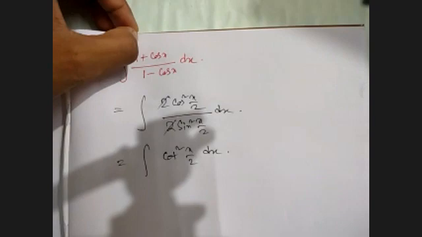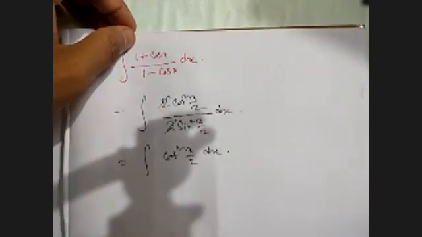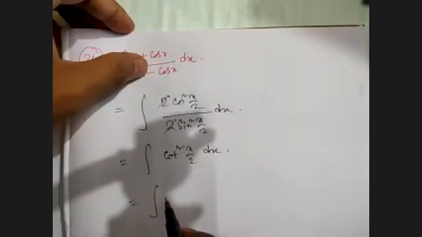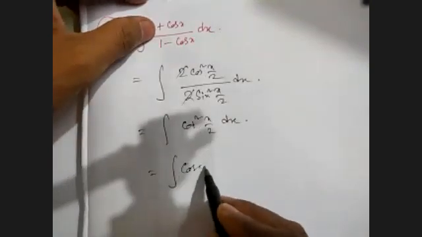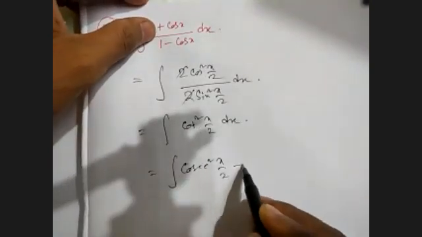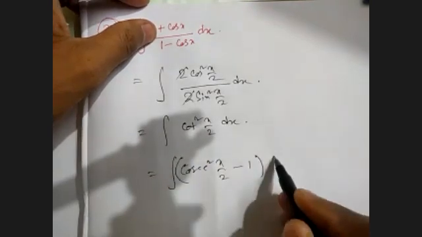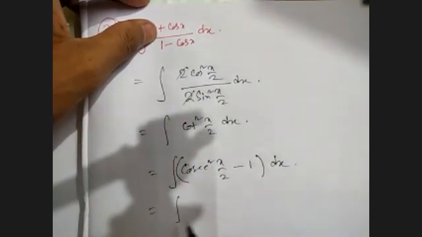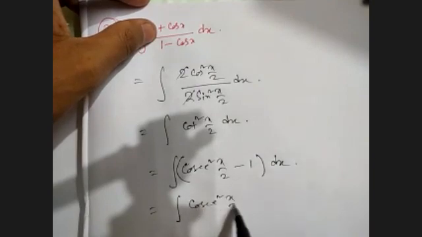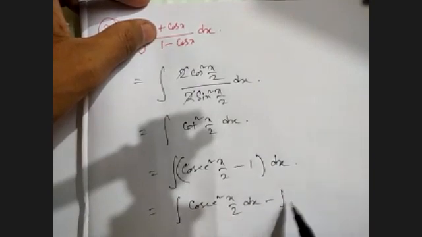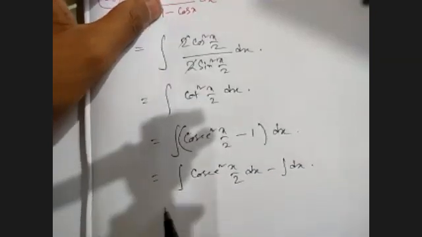No, sir, we have to convert it into cosec square x by 2 minus 1. Okay, then it will be integration of (cosec square x by 2 minus 1) dx. That is integration of cosec square x by 2 dx minus integration of dx.